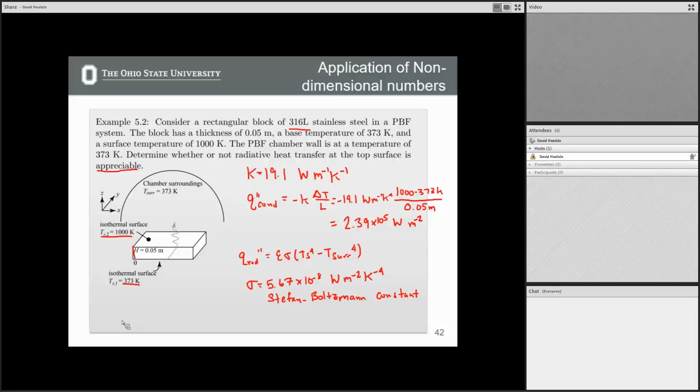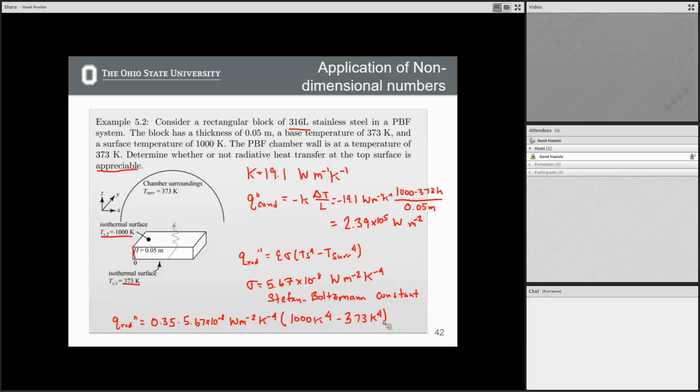So we plug everything in here. Okay, so plug all these numbers in.